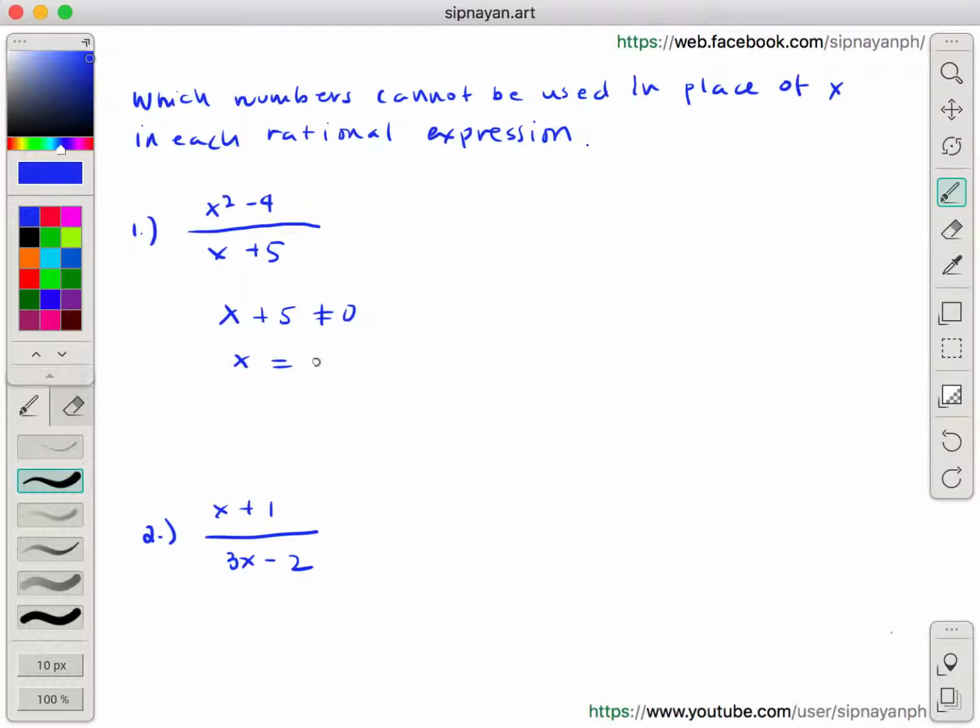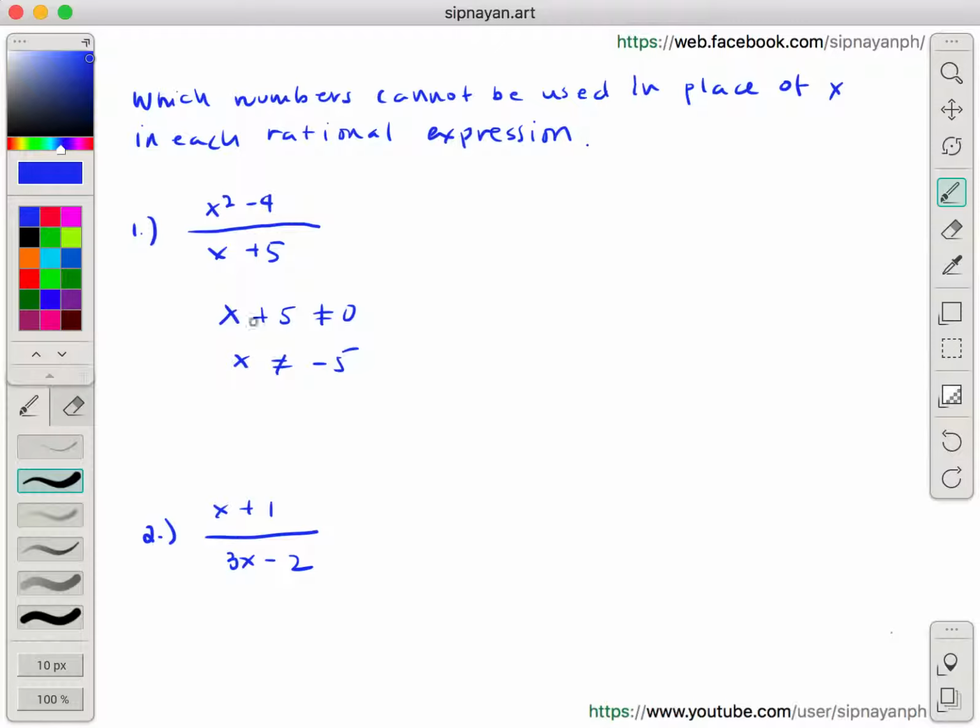So, x is not equal to negative 5. Subtract 5 here, subtract 5 here. We have x left on the left hand side because this becomes 0. 0 minus 5 is negative 5.